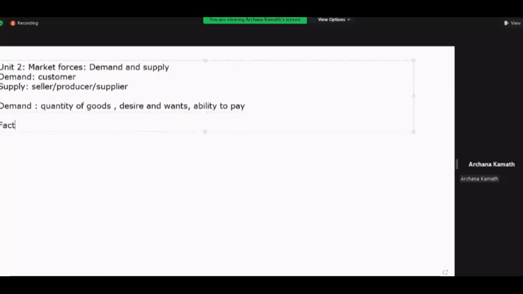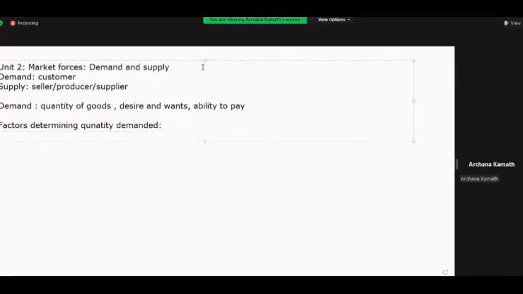Okay. Now, what are the important factors that determine demand for a commodity? Factors determining quantity demanded. So you're looking forward to getting the commodity from the market.